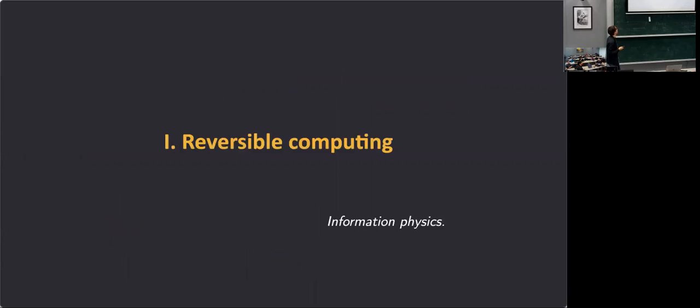First, reversible computing. Reversible computing is a beautiful example of how information entered the domain of physics, and I'll also explain physical phenomena that were left out of physics. The best example is Maxwell's demon, which was a paradox for many years before it was finally solved.